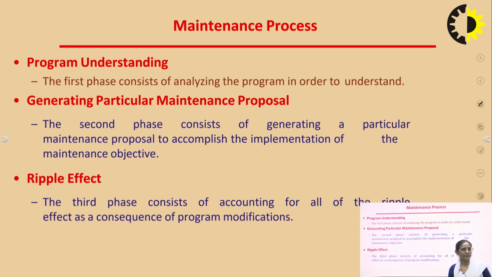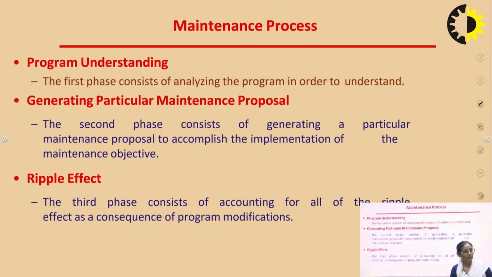Program understanding is the first phase, consisting of analyzing the program in order to understand it. Generate a particular maintenance proposal is the second phase, consisting of generating a particular maintenance proposal to accomplish the implementation of the maintenance objective.